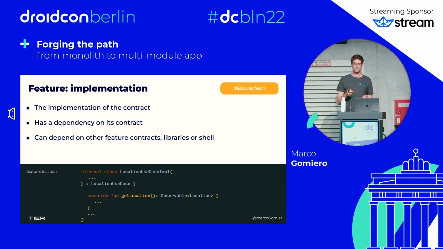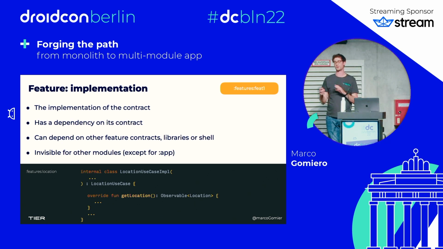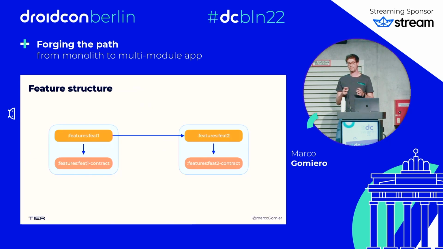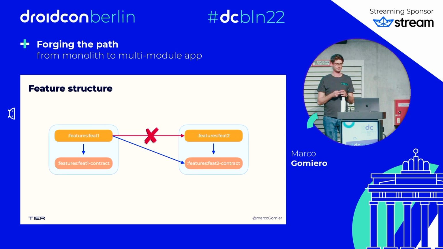But the only difference is that this module is invisible to the other modules, of course, except for the application, because it has to orchestrate everything. So if you need to start or reference another feature, you cannot go directly through the implementation, but you have to go through the contract.